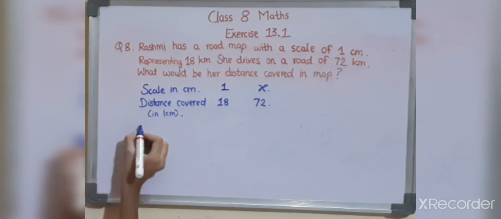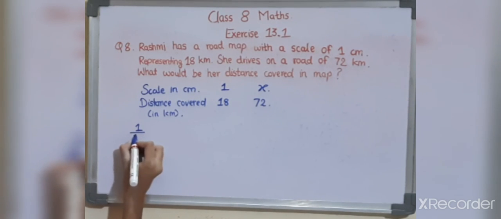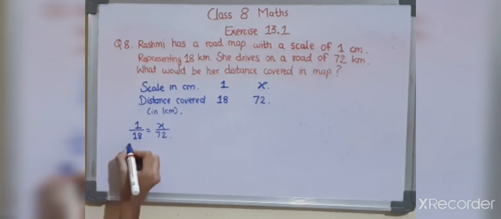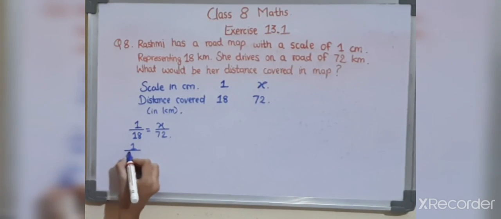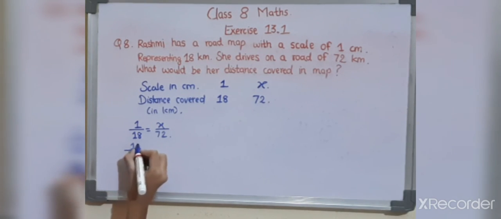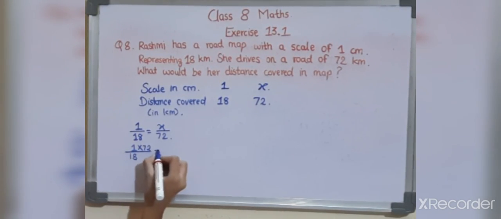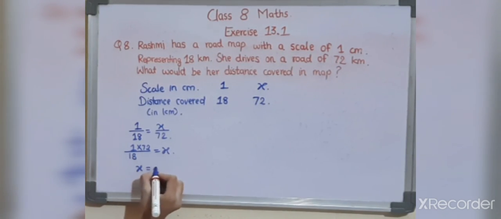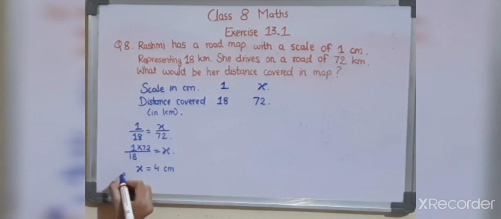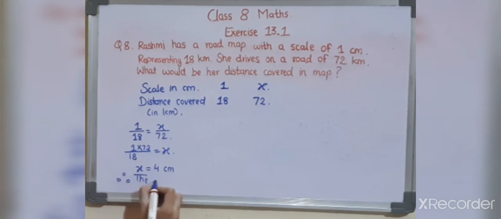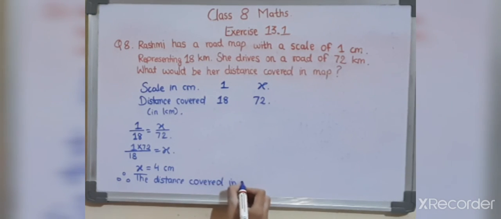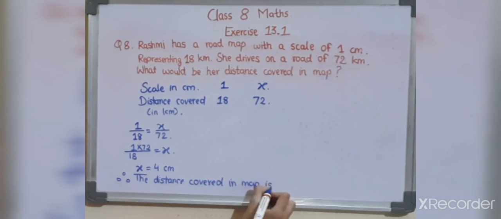As it is proportional, it is going to be 1 upon 18 equal to x upon 72. 1 upon 18 into 72 is equal to x. Now x is equal to 4 centimeter. Therefore, the distance covered in map is 4 centimeter.